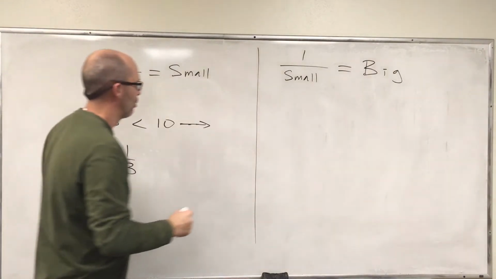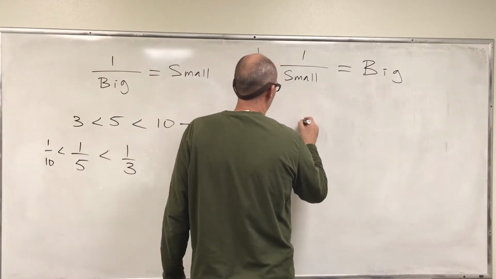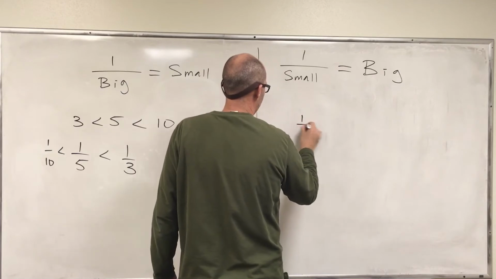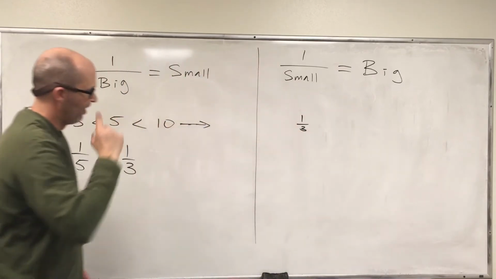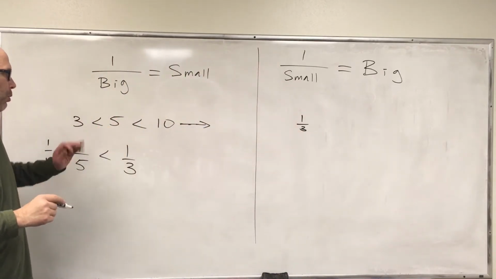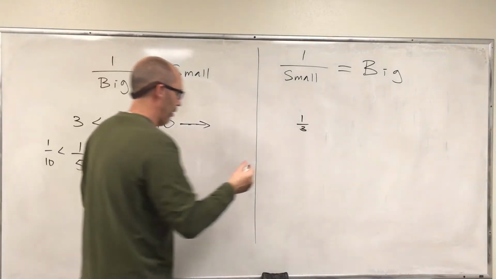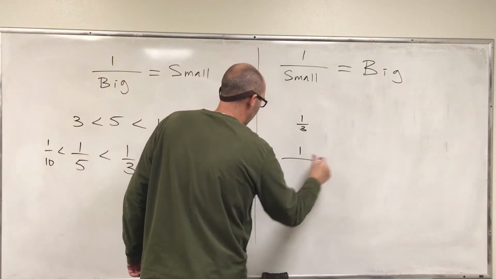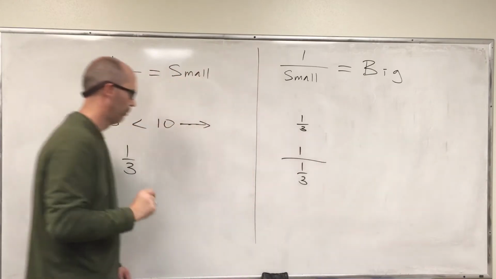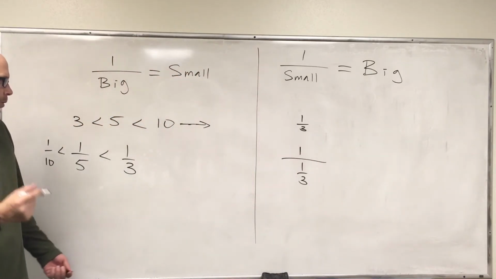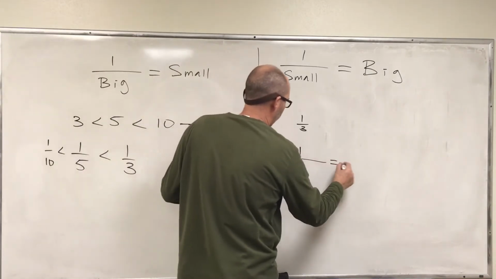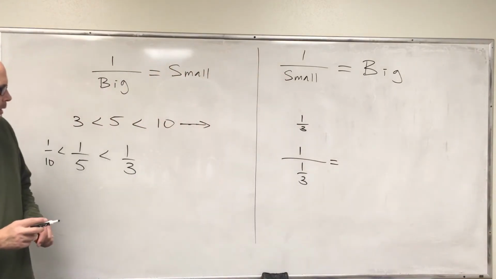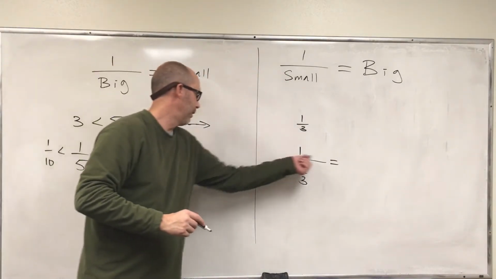Okay, now let's look at some small numbers. First let's look at, say, 1/3. Now for this one we need this idea of what is 1 over 1/3. Remember, we can think of this as division.